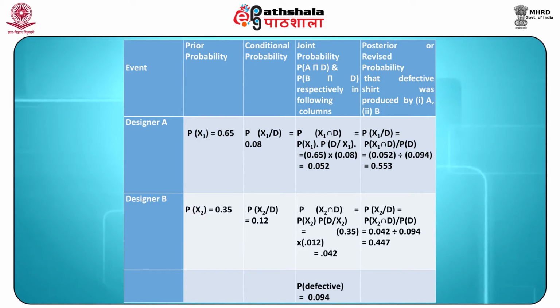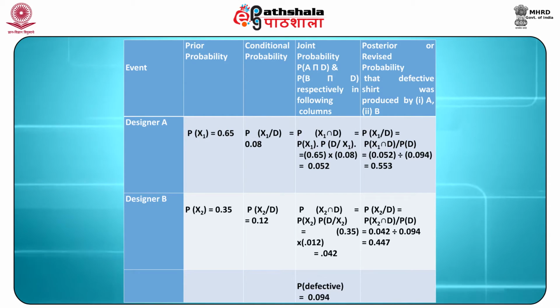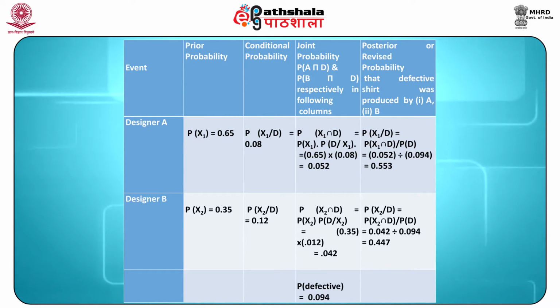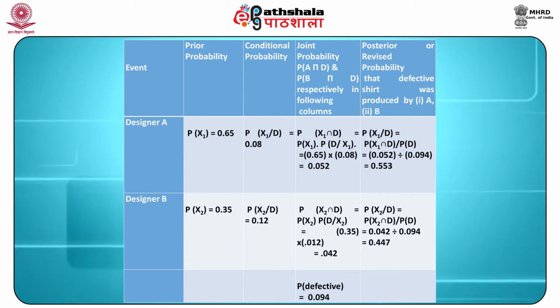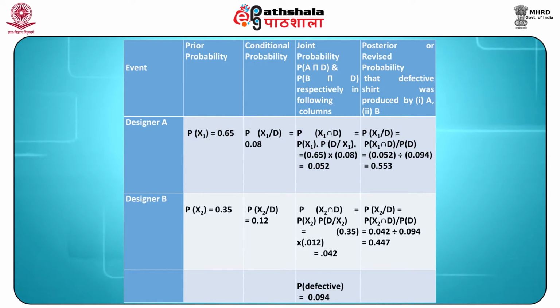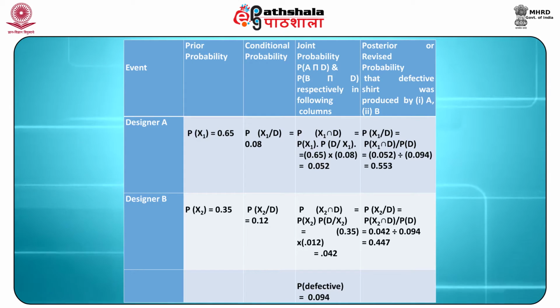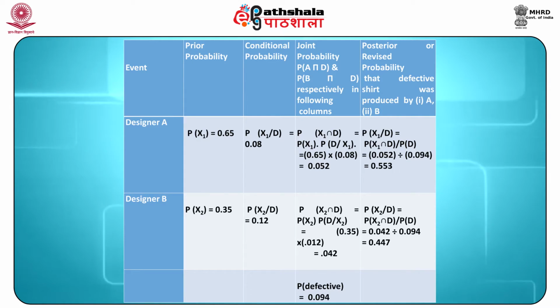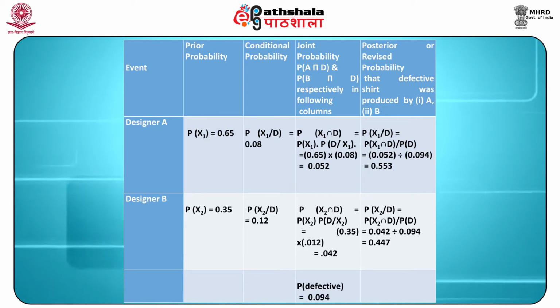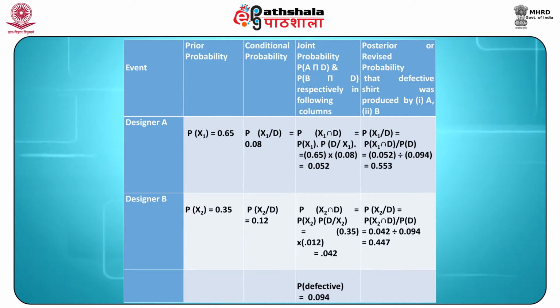Under the heading of prior probability, we have P(x1) which is 0.65 and P(x2) which is 0.35. Under conditional probability, we have probability of D given x1, which is 0.08, and probability of D given x2, which is equal to 0.12.